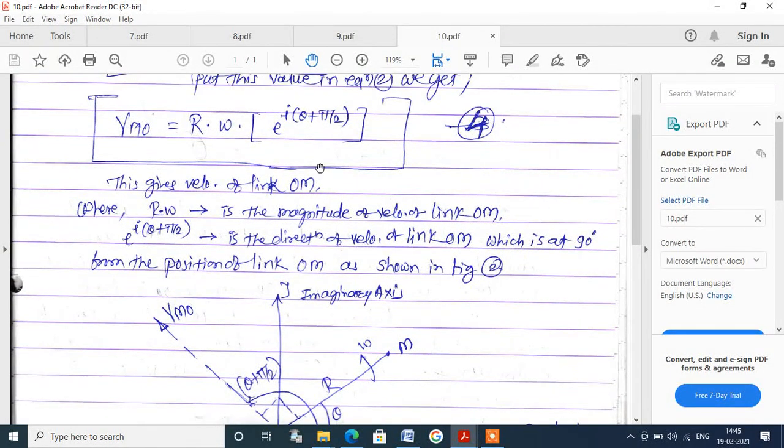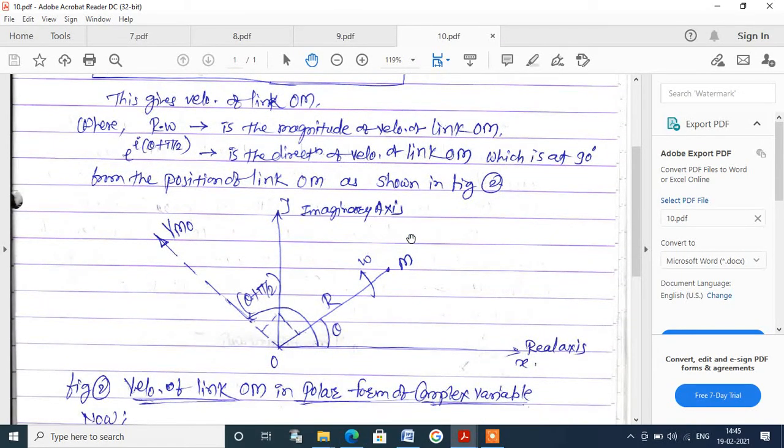So here if you observe this equation, R omega is the magnitude of velocity of link OM, and e raised to i theta plus pi by 2 is the direction of velocity of link OM, which is at 90 degrees from the position of link OM. So it can be shown in the figure like this. So this is the real axis, imaginary axis, this is the position. So velocity is at an angle of theta plus pi by 2. So this is theta plus pi by 2. So the velocity direction is like this, in the direction of omega.